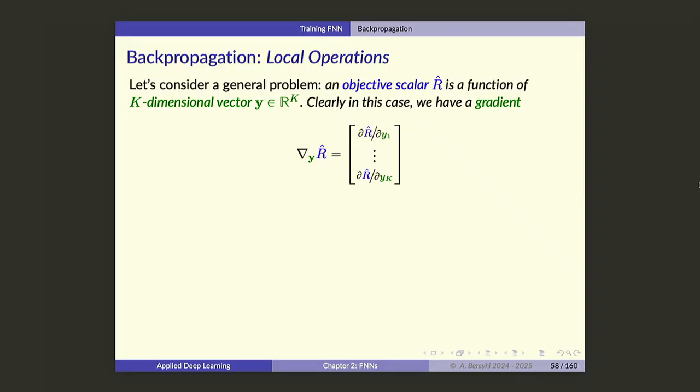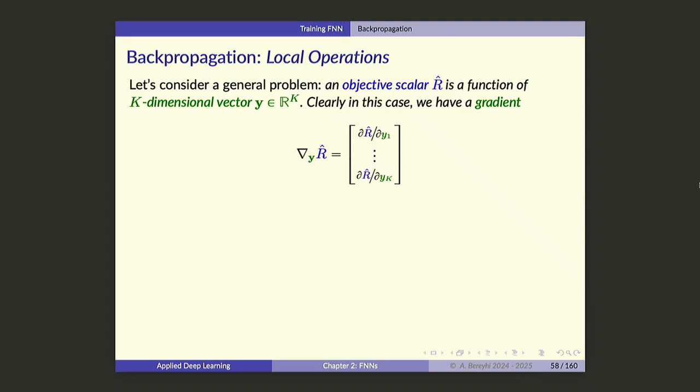It could be another vector, passed through some function, gave me y. It could be a matrix, again passed through a function, gave me y. It could be a scalar, passed through a function, gave me vector y, okay? So I assume I have a variable here passing through one function, gives me y, and then this guy gives me r hat.